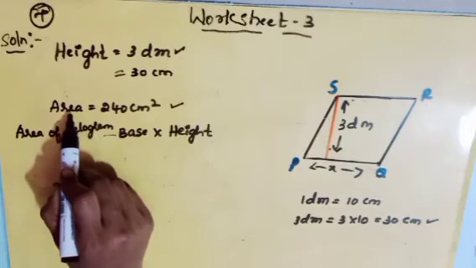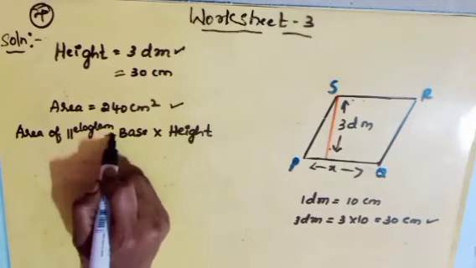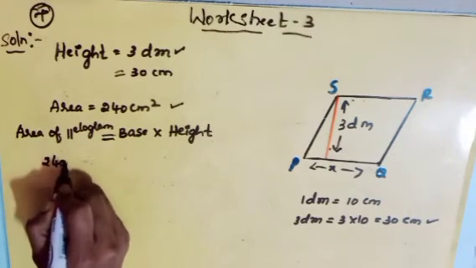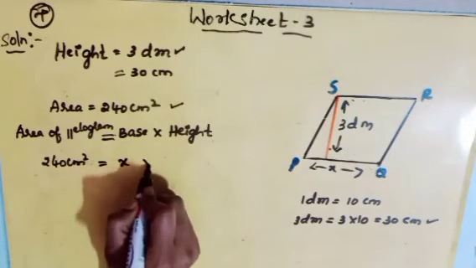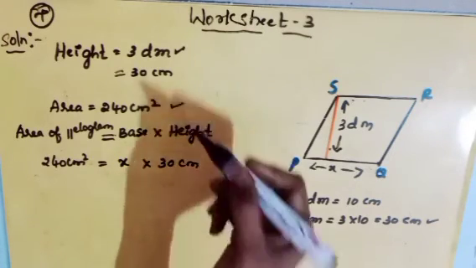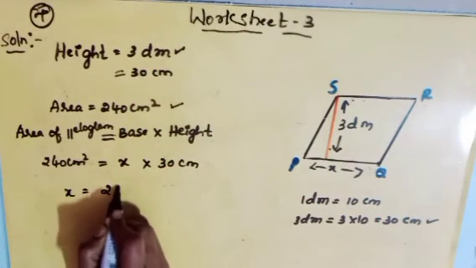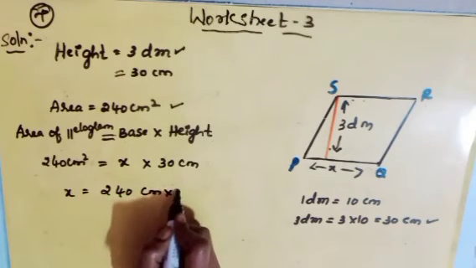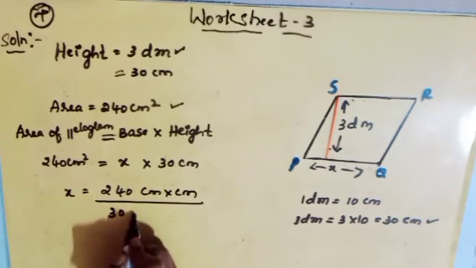Next, the area is given, that is 240 centimeter square. The formula for the area of a parallelogram is base into height. So 240 centimeter square equals base, which we take as x, into height, that is 30 centimeter. We have converted decimeter into centimeter. Next, x equals 240 centimeter square divided by 30 centimeter.